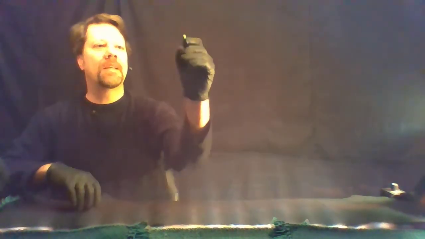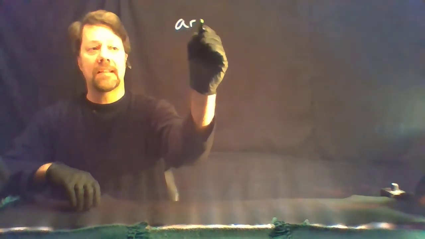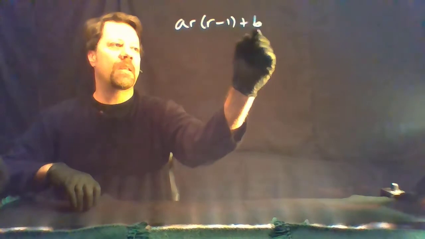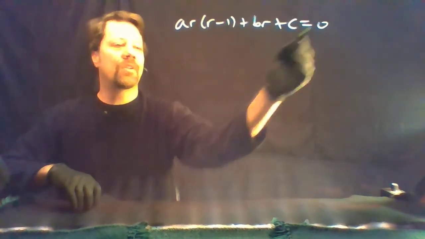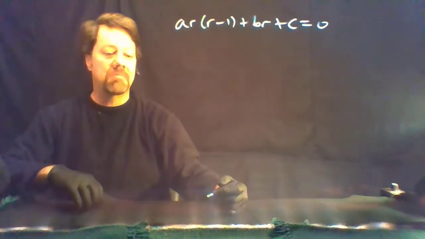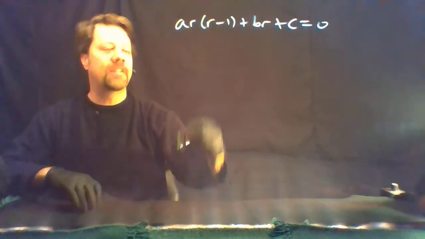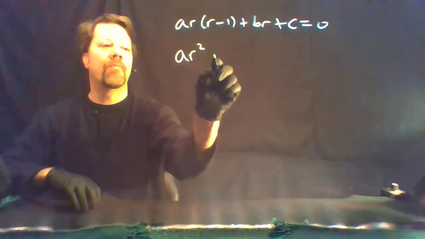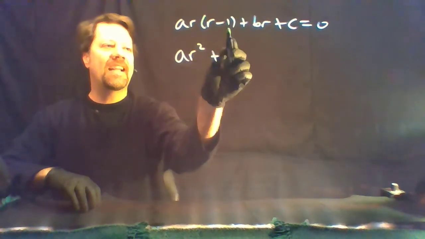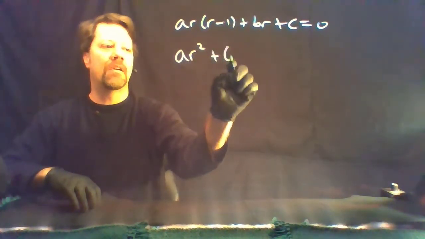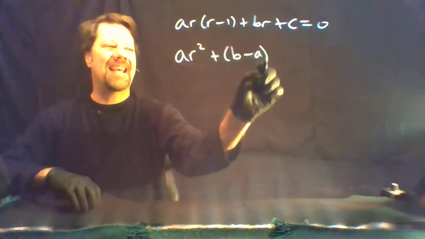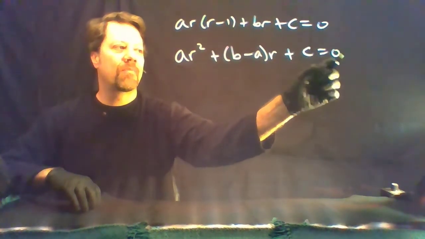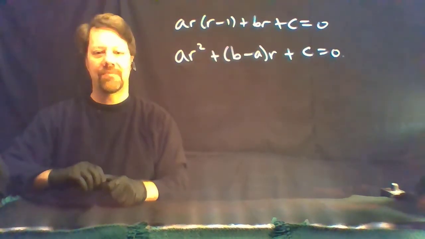Rearranging terms a little bit, this is what we can call perhaps the characteristic equation for this sort of problem. We'll have ar squared, a negative ar and a positive br. I'll write that as b minus a times r, and then the only constant term is c, equal to 0.